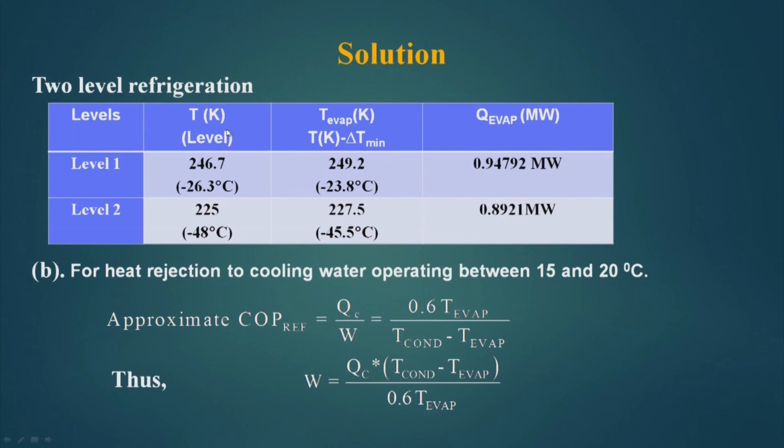So, we are using two levels of refrigeration. The first level is operating at this temperature, which is basically the shifted temperature, and this is the actual temperature of the evaporator we have calculated. This is in Kelvin, this is in degrees centigrade, and these are the loads we have already seen.